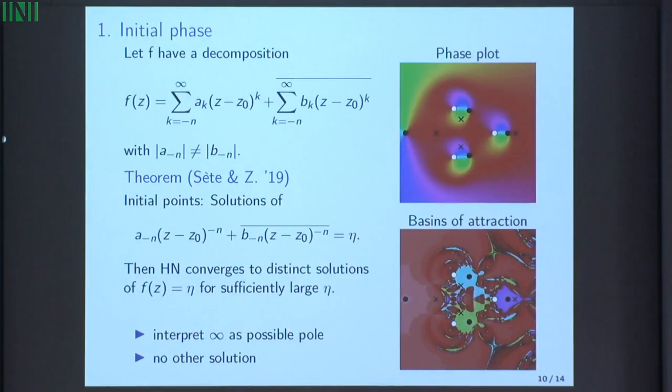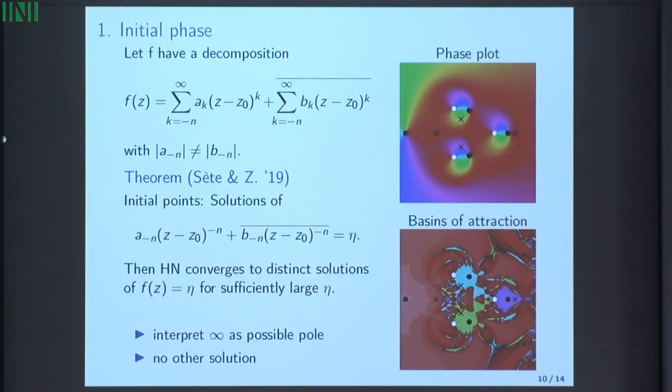Okay, I will show you an example. We see again a phase plot. The white dot is a pole, the black dot is a solution, and the cross indicates one initial point from this theorem. Now the question is, does this initial point converge to the actual solution? We see below the dynamics of the harmonic Newton map, the basins of attraction.